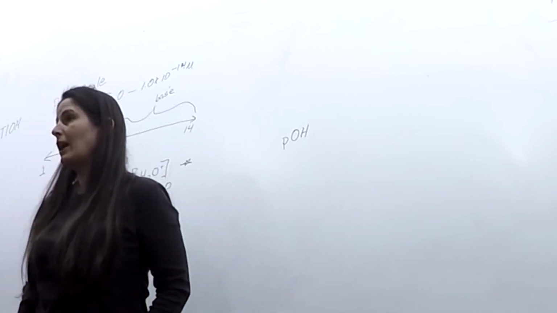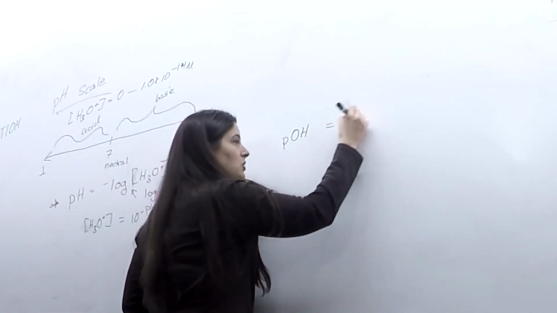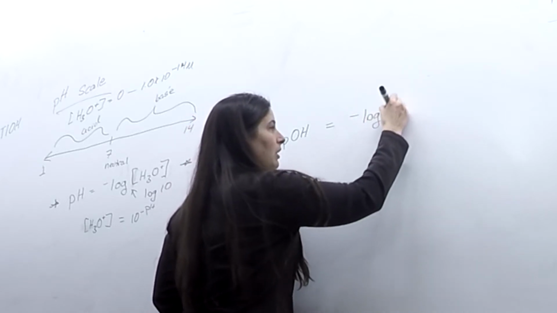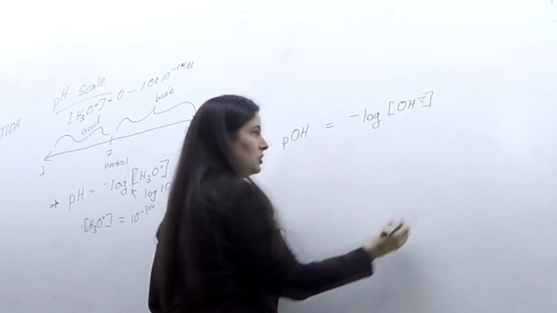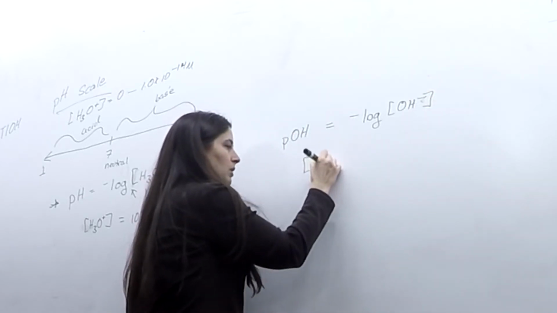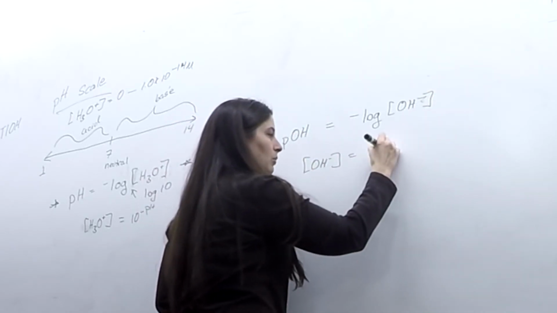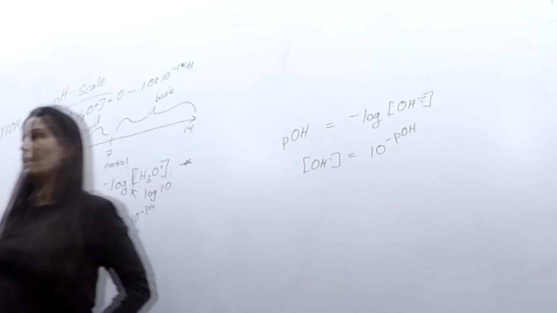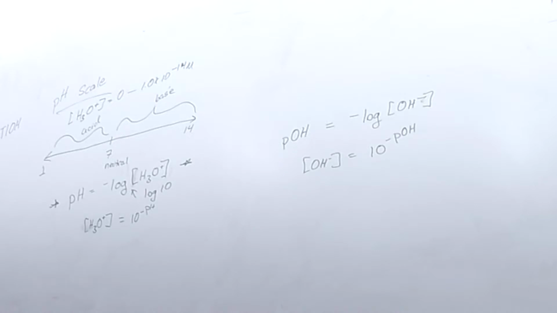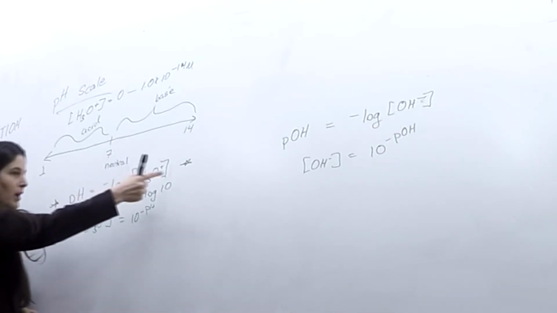If we want to know the concentration of the OH, we take the negative log of the concentration of the OH, or if we want to know that, we will take 10 to the negative pOH.